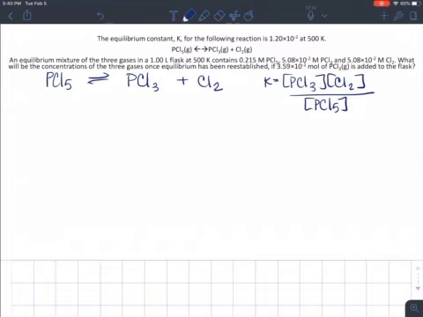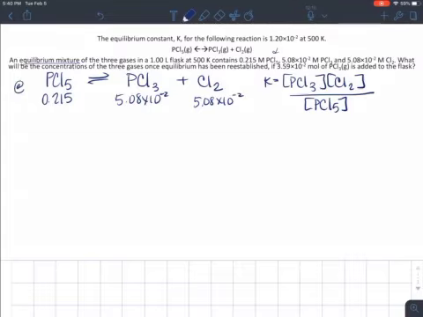So it says that we have an equilibrium mixture right now, meaning that we have already allowed the system to come to equilibrium once. The question states that we have 0.215 molar PCl5, 5.08 times 10 to the minus 2 molar PCl3, and 5.08 times 10 to the minus 2 molar Cl2.